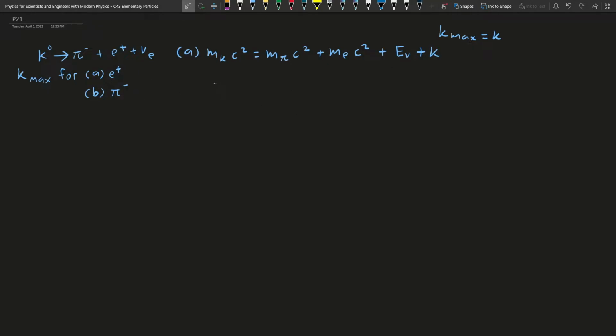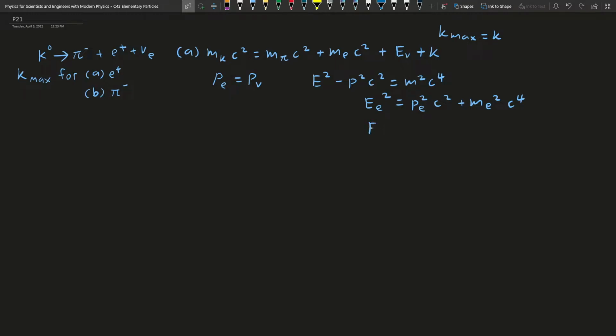The second thing is that we can make the assumption that the momentum for the positron is equal to the momentum of this neutrino. We know E² minus P²c² equals m²c⁴, so E_e² equals P_e²c² plus m_e²c⁴.